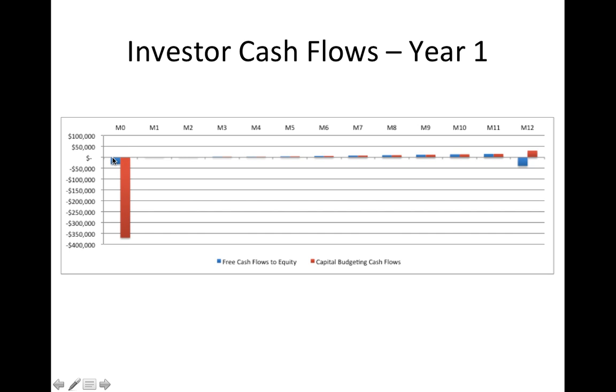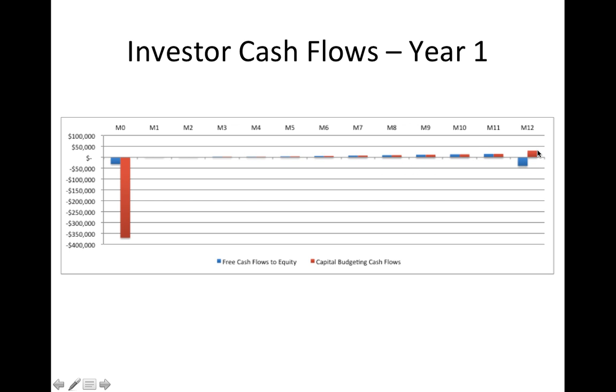Free cash flows to equity are negative initially. That just reflects the amount of free cash flow that we needed to go out and get and then spend something on it, and so it's basically the amount that we had to spend on the debt, or on the assets, sorry. And you see over time in those first months that everything sort of grows the same. Capital budgeting and free cash flows are very similar.